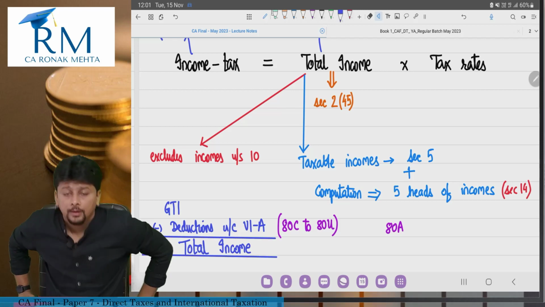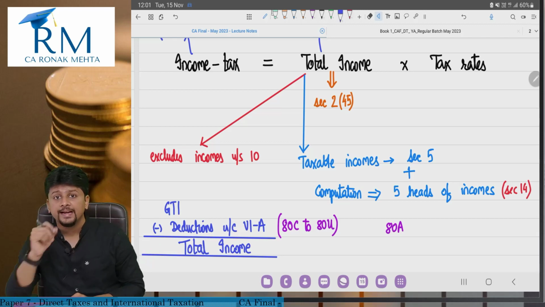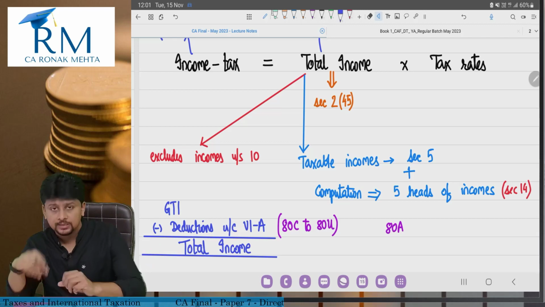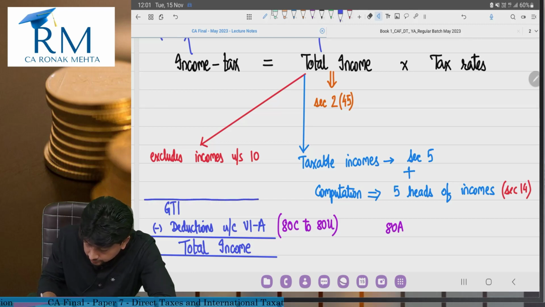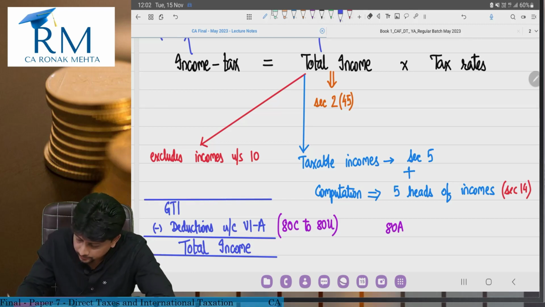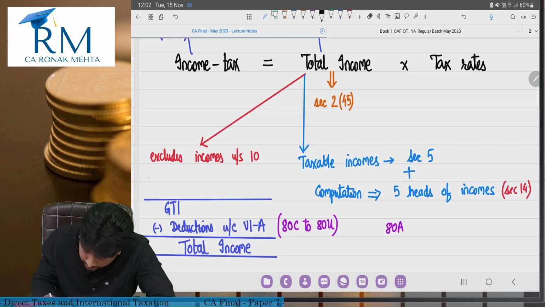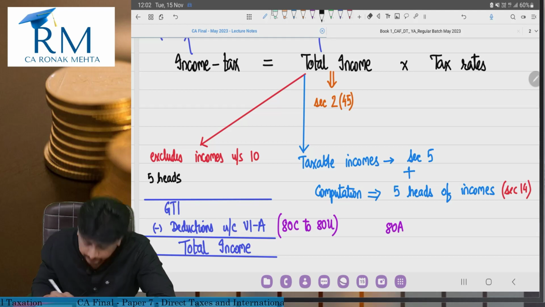The definition said, computed in the manner laid down in the act. So this is your computation, and in the process of calculating gross total income, I am surely taking up my 5 heads of income.